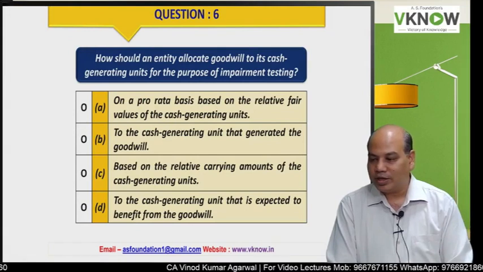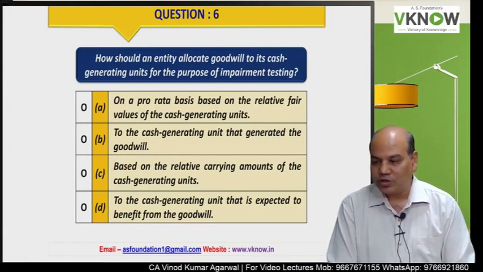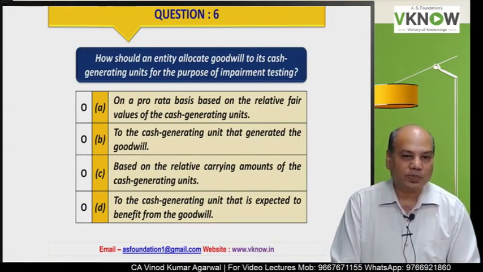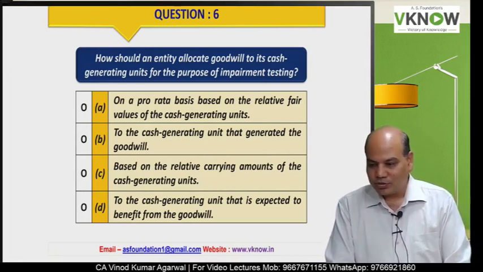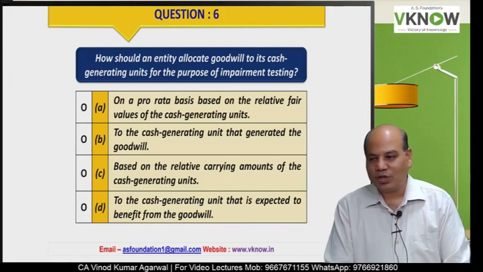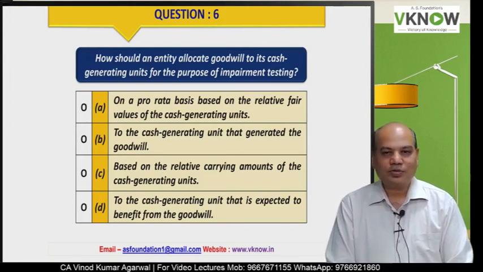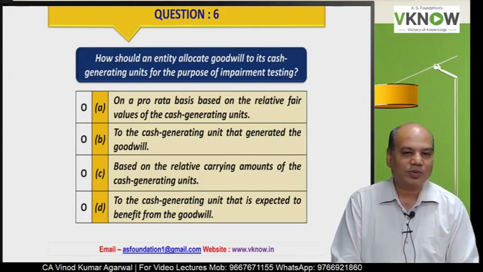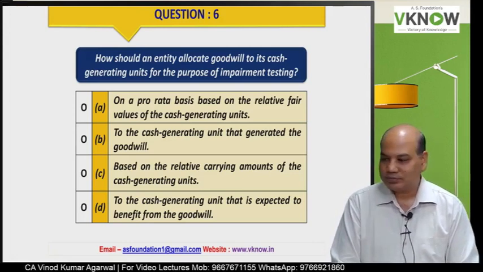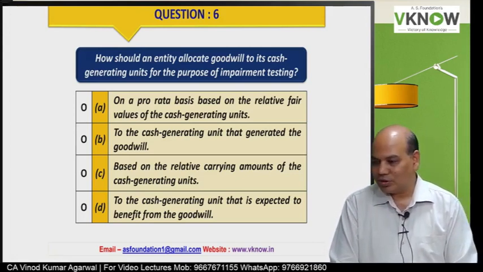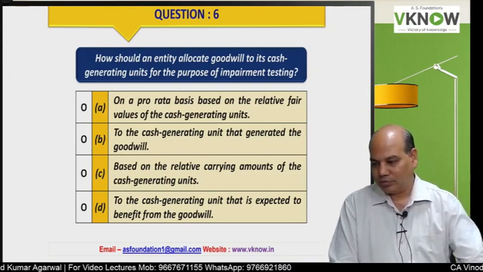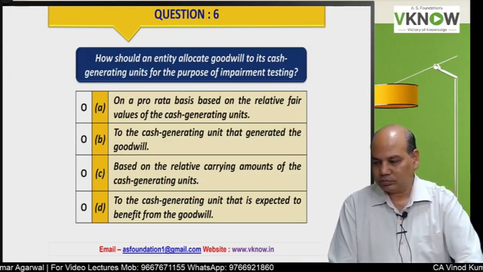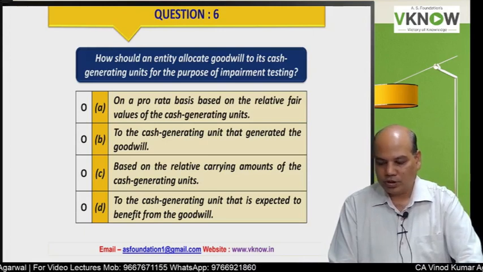How should an entity allocate goodwill to its cash generating unit for the purpose of impairment testing? Good question. So first you will try, then I will give you the answer. Yes students, please check which option is the right answer.